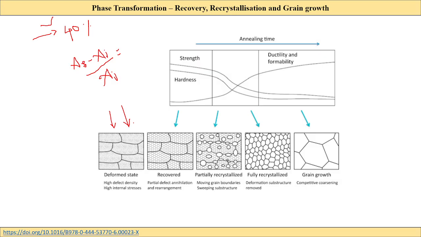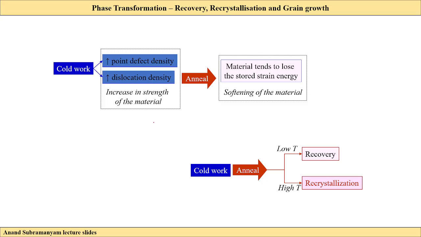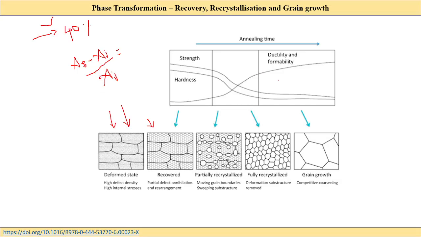Now what happens if I try to increase my temperature? Once I do my deformation, if I increase the temperature of the sample, that is what I am doing here. Increase in temperature means I am giving energy to the atoms inside the sample. So these atoms will try to move now, and because of this movement, in the recovery process, the high density of dislocations that were there will try to arrange themselves.